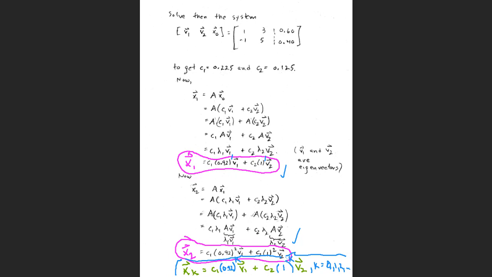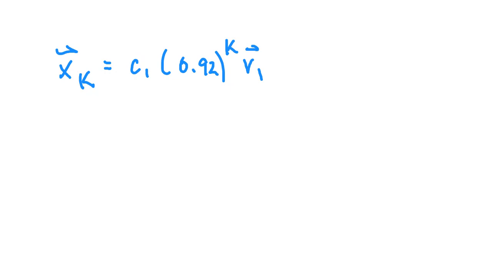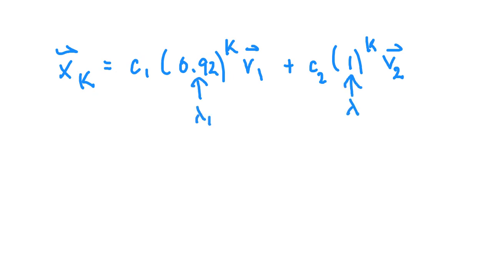We have that x sub k is equal to C1 times 0.92 to the kth power times eigenvector V1 plus C2 times 1 to the kth power times eigenvector V2. 0.92 is lambda 1, 1 is lambda 2.